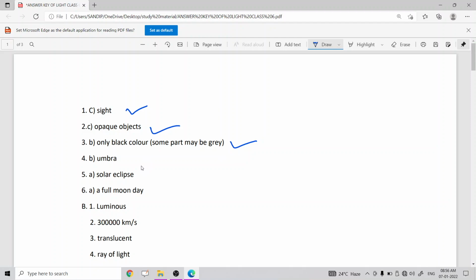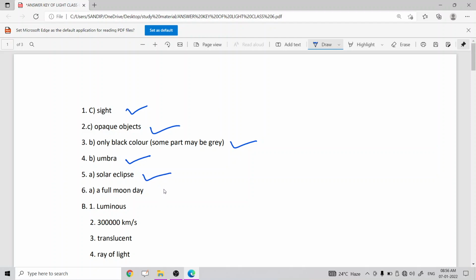And four, the central dark region of a shadow is called the umbra, whereas the partial dark region is called the penumbra. Now question number 5. When the moon comes directly between the sun and earth, the eclipse formed is a solar eclipse.